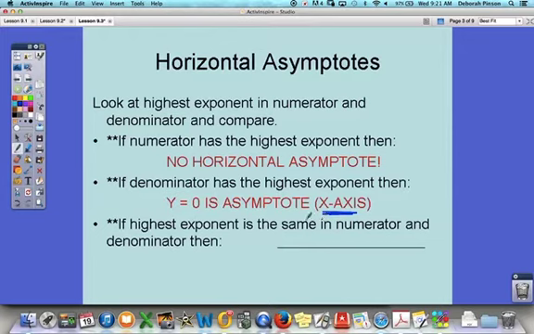If the highest exponent is the same, then you're going to make a fraction using your leading coefficient from the numerator divided by your leading coefficient from the denominator.